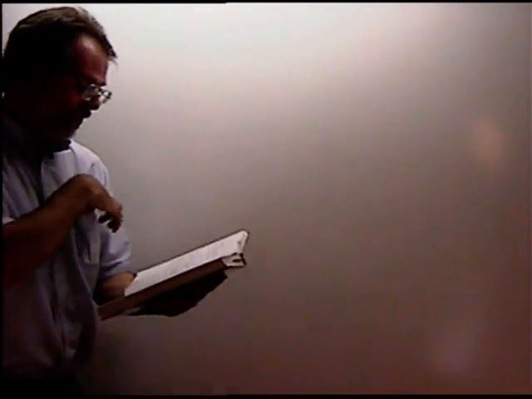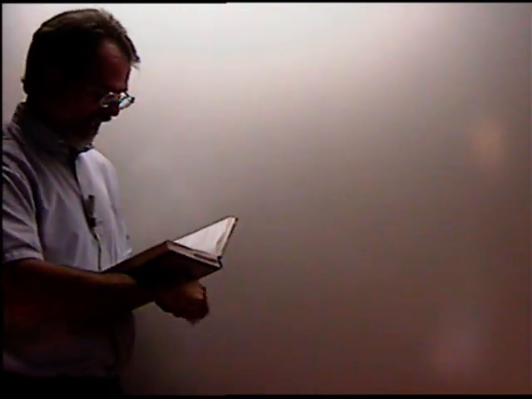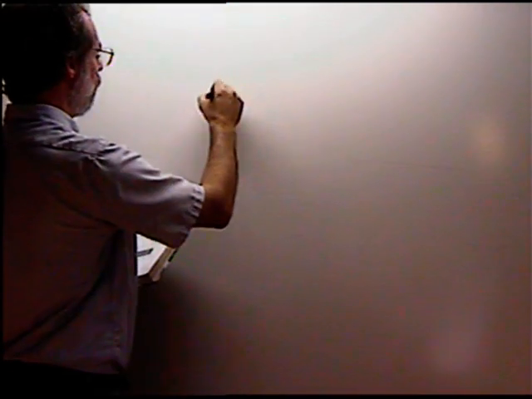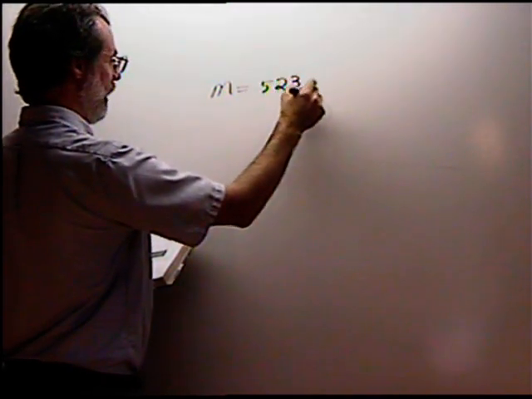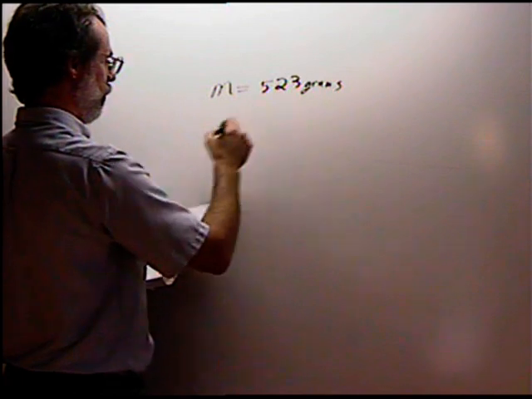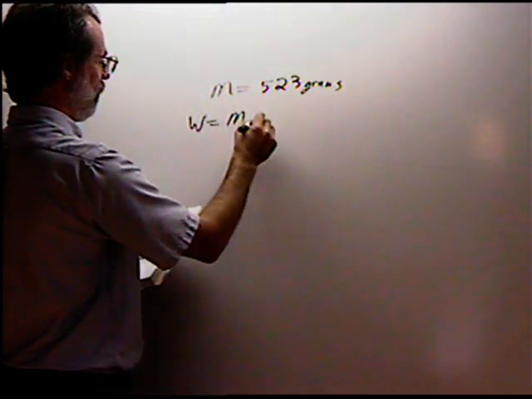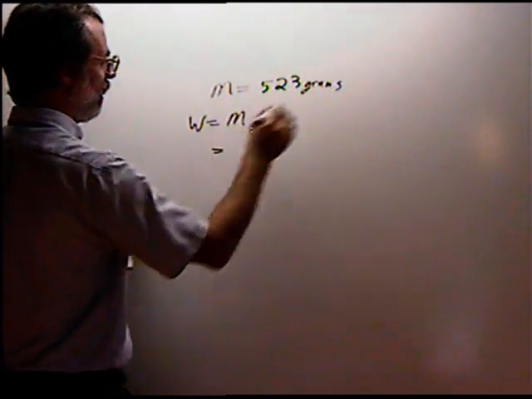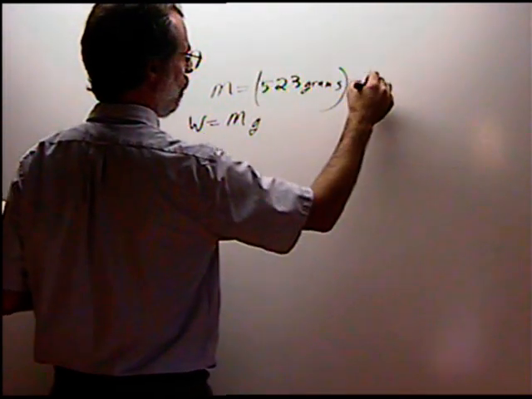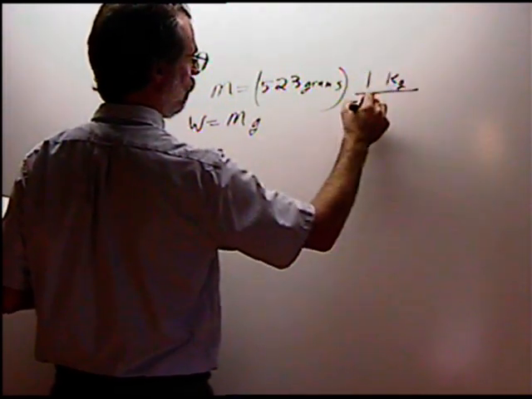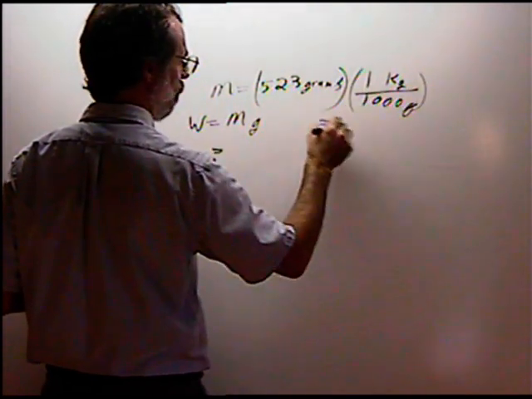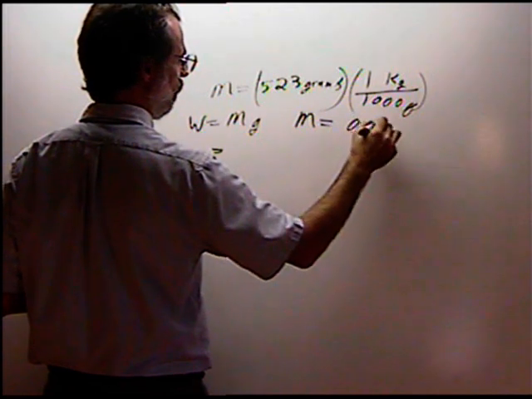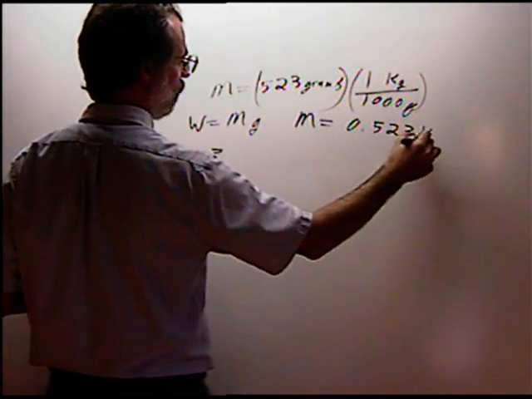All right. Question number 4. The mass of a rock is 523 grams. What is the weight? Well, the weight is simply the mass times the acceleration of gravity. Let's convert this into kilograms. 1 kilogram is equal to 1,000 grams. Grams cancel out, so the mass is 0.523 kilograms.